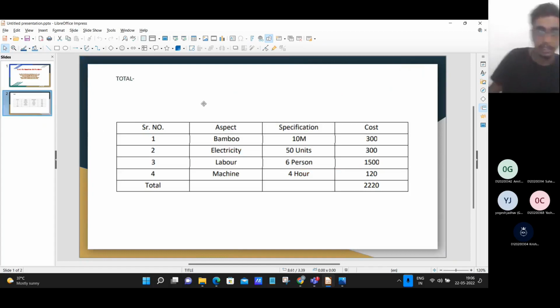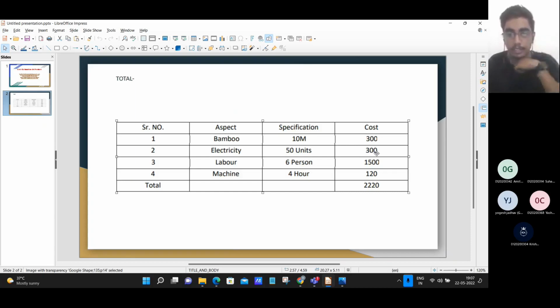So the total cost estimation is as follows. First is bamboo, that is 10 meters, and the cost of bamboo is 30 rupees per meter, so the cost of bamboo will be 300. The second one is electricity. Roughly, electricity use was 50 units, so the final cost of electricity will be 300.